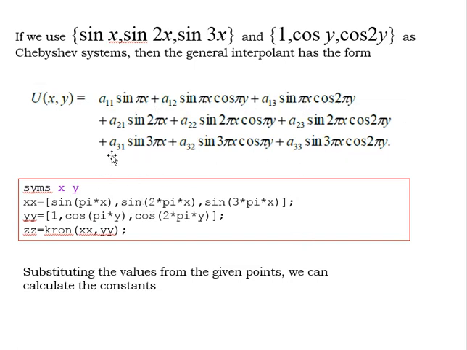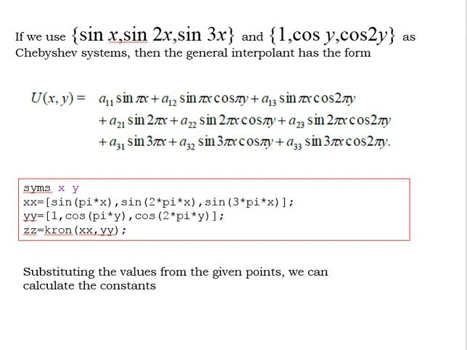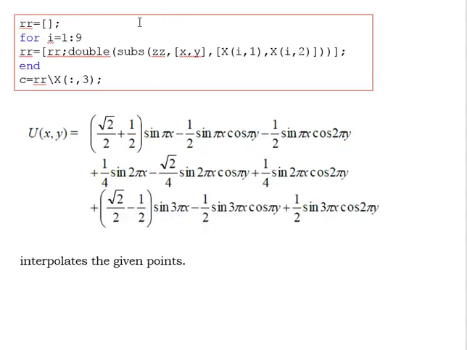Now we have calculated the symbolic expression for u, all we have to do is substitute the values of x and y and calculate this function. So here we substitute the values of xy in z, and we get a matrix RR.